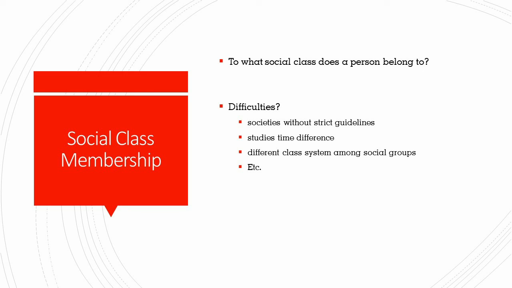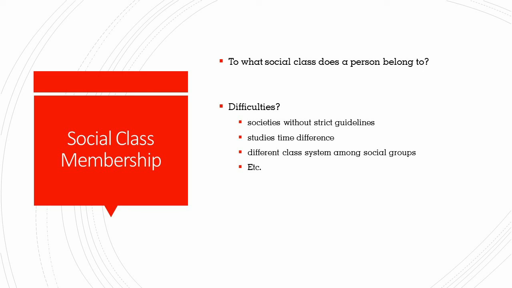The first one is that many societies have no strict guidelines. Therefore, a term like middle class can have different meanings for the subjects of our research. The line that borders the middle and the lower class, or maybe the higher class, is not really clear and has a different standard from one person to another.